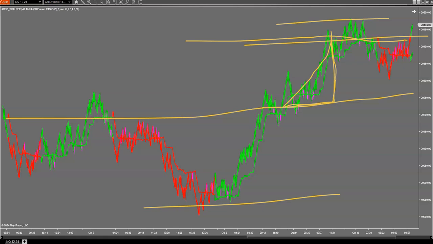Because maybe back here in the past, we had a period of time where we were below the level. So in the end, I'm looking for levels where I can define that the market is only at this level and beyond 5% of all bars in the past 30 days.